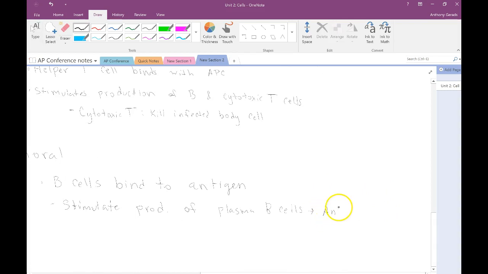Antibodies. And then we could also have memory. The other B cell was memory B cells. So a B cell binds to an antigen, and it can stimulate the production of plasma B cells or memory B cells.